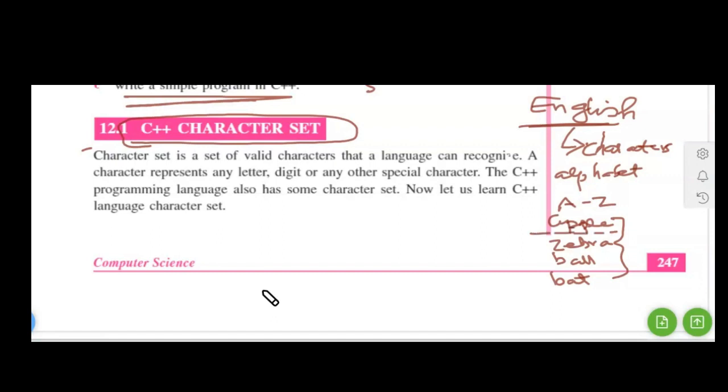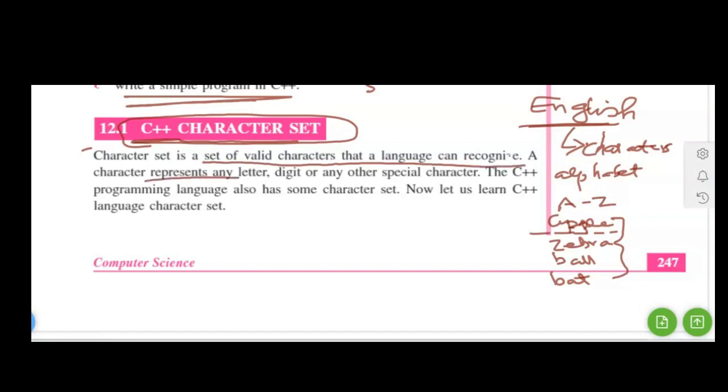So the basic thing that we have to know for writing a language is the characters or the alphabet. In the same way, C++ is a computer language or a programming language. Before knowing this language, you have to know the characters that are involved in writing the program. A character set is a set of valid characters that a language can recognize.